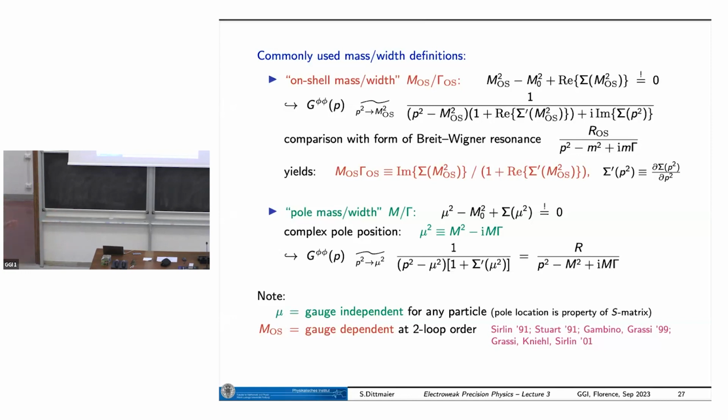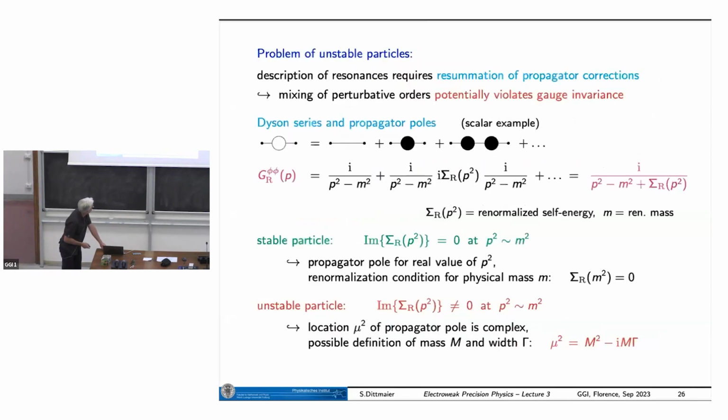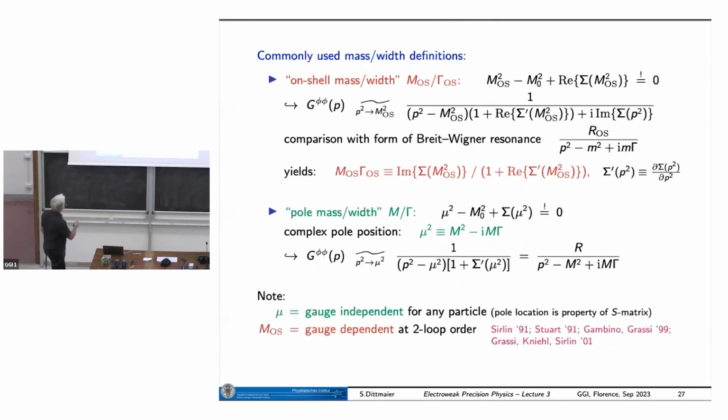And if you still do this kind of Dyson summation of the propagator, this leads, of course, to a reasonable parameterization of the resonance. So you have to make use of this renormalization equation when you expand your propagator around the resonance. Just this one here. I forgot the R. That was why I was stumbling. There should be an R here.